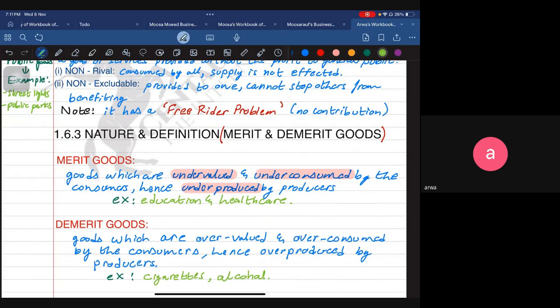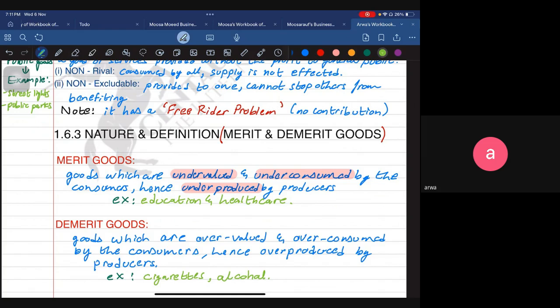So here again, the information failure is there. The government needs to inform people about it, ban certain goods, put a ban on the use of these goods in public, and then the age restrictions. All these things the government can do to basically deter people from utilizing such goods, right?